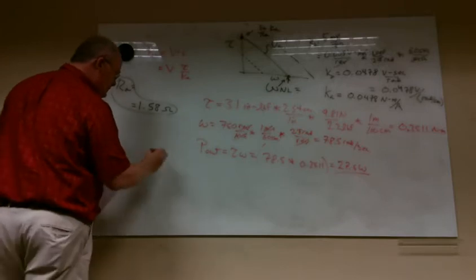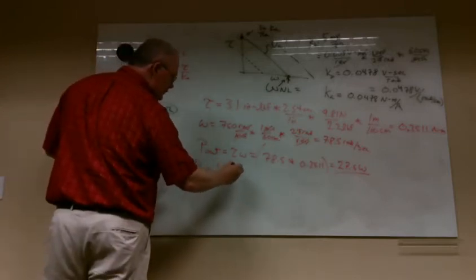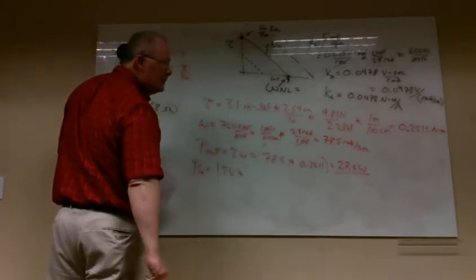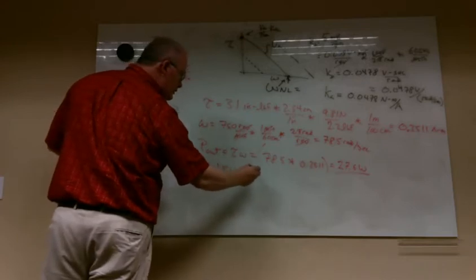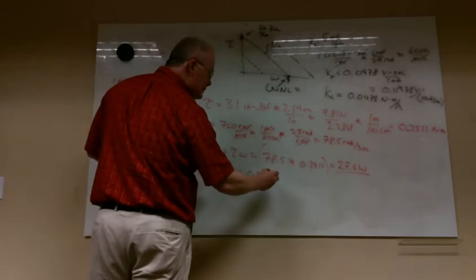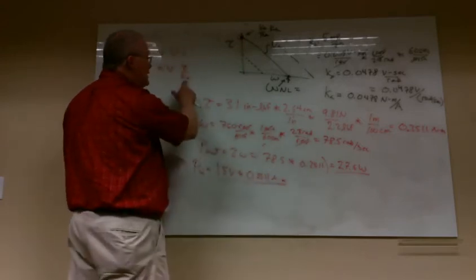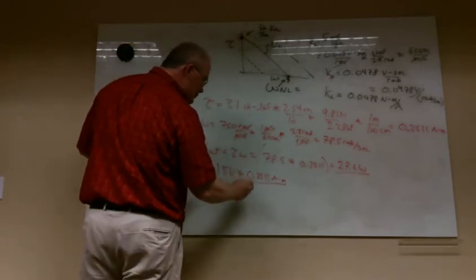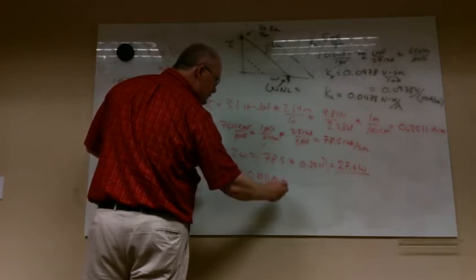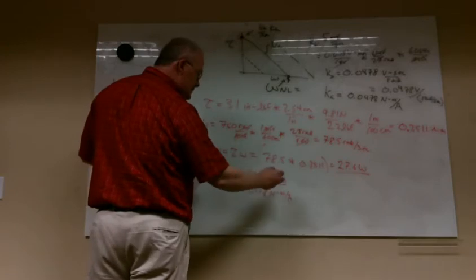So P in is 15 volts times our torque, which we already evaluated was 0.3511 Newton meters. And then we're going to divide this by our torque constant of 0.0478 Newton meters per amp. And so what we've got is volts times amps ultimately, so that's power in.